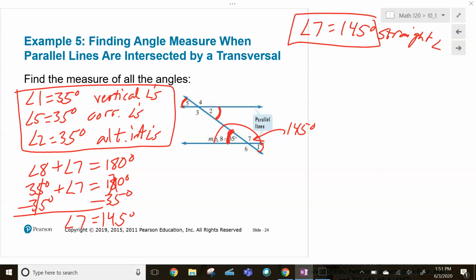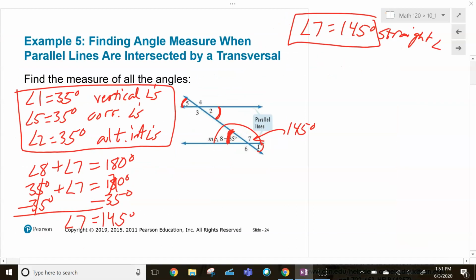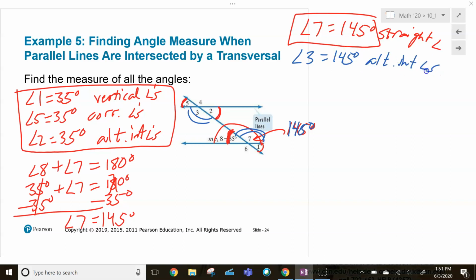Now let me change my color here. If this is 145 degrees right here, angle 7, then by alternate interior angles, angle 7 and angle 3 are the same. Let's do the vertical angle.